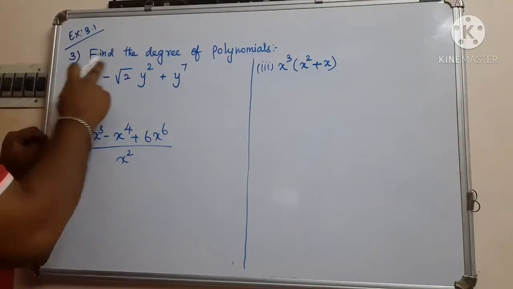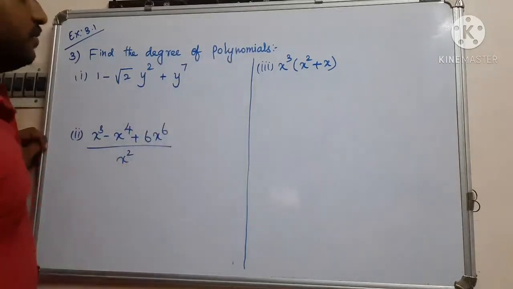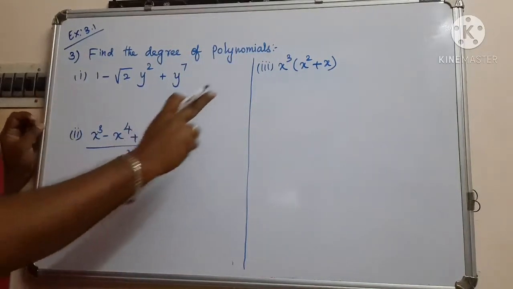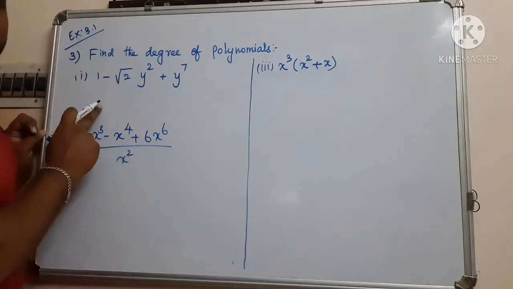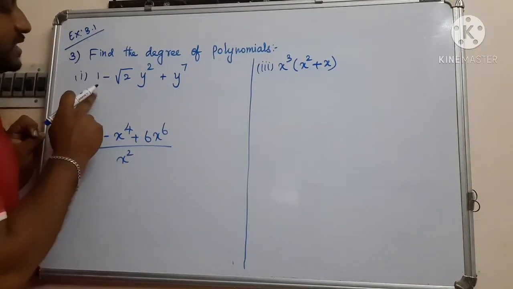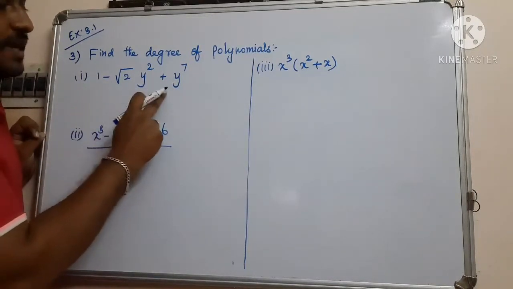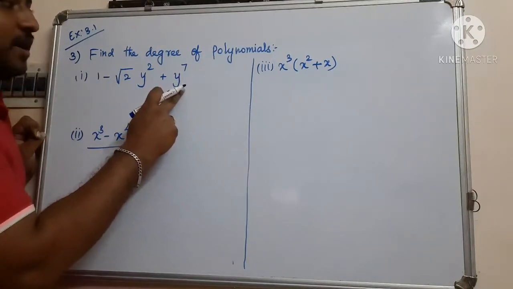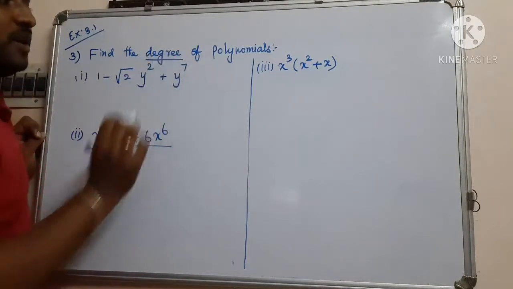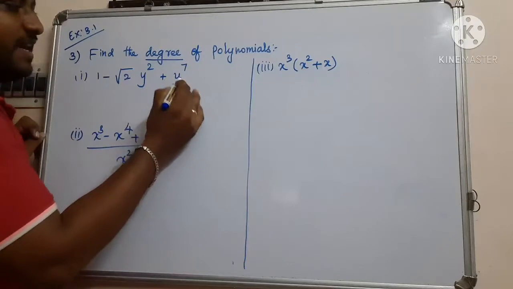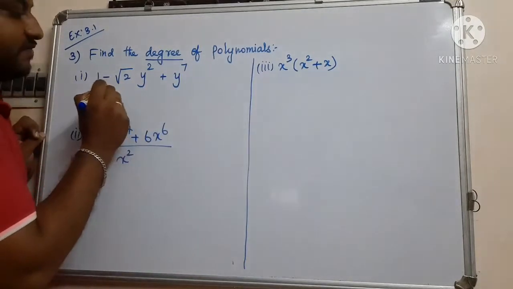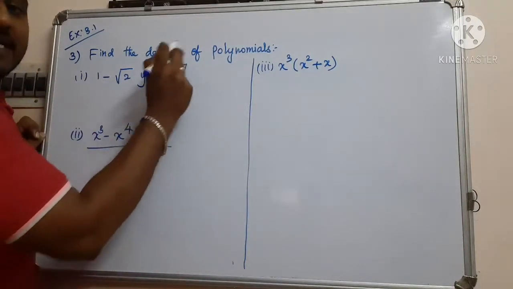Question number 3. Find the degree of the polynomials. Three polynomials are given. We have to write the degrees of the polynomials. The first question is 1 minus root 2 y square plus y power 7. I already told you, degree of a polynomial means you have to look at the variable's power. Which variable's power is the highest?